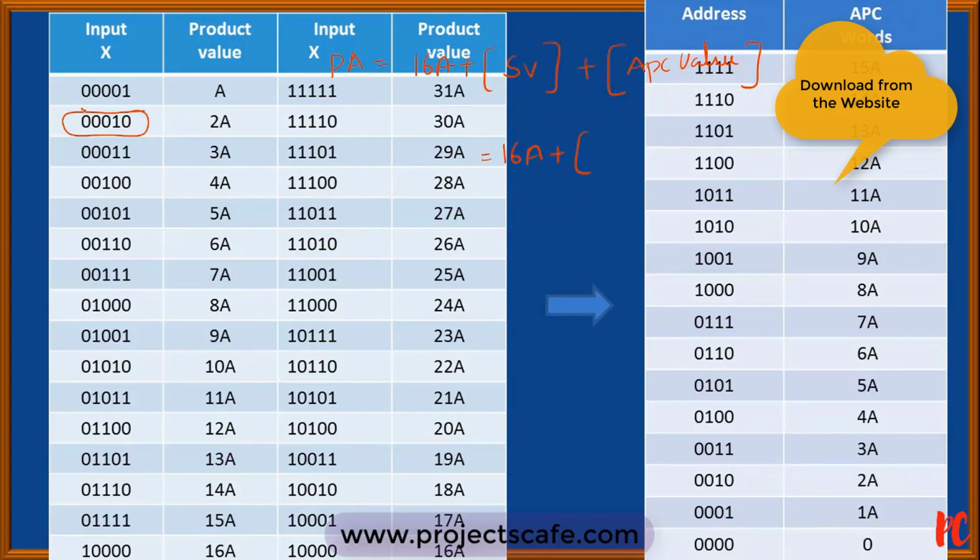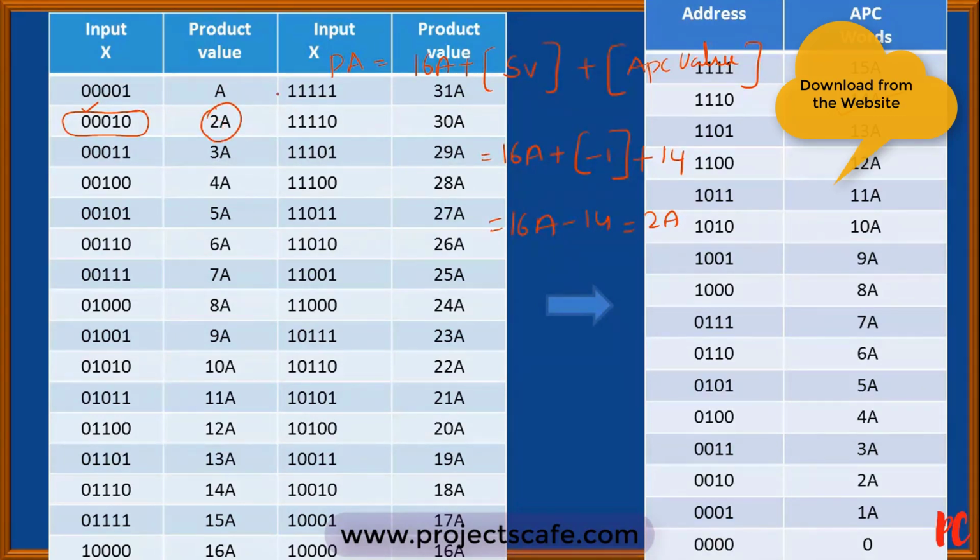Since the MSB of this part is 0, a minus 1 sign value is considered, and the value stored here is 14. Since it is in the second position, I take the second position value, 14. So 16A minus 14A, I get 2A, which is this value.